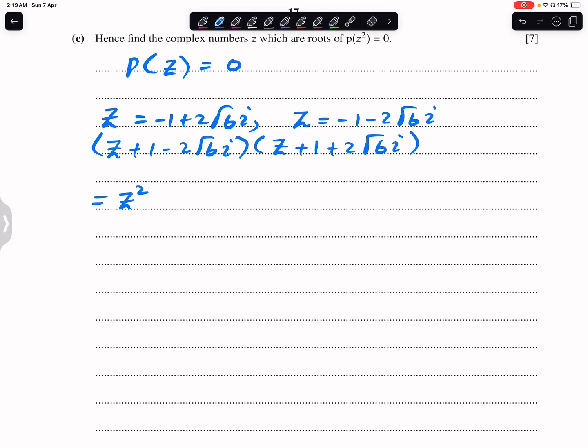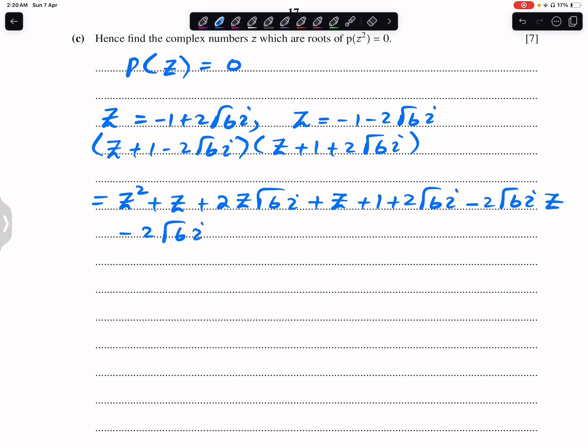So z square plus z plus 2z root 6i plus z plus 1 plus 2 root 6i and then minus 2 root 6i z minus 2 root 6i minus, plus minus 6 4s are 24. I square is minus 1, so this will be plus 24.